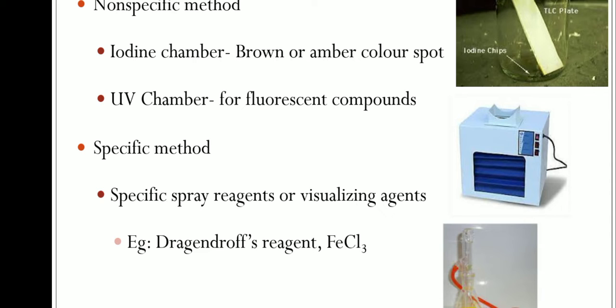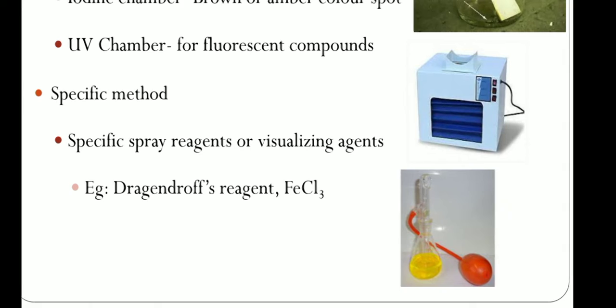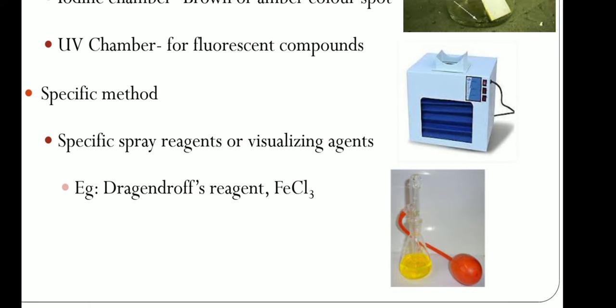Another non-specific method is the iodine chamber. In it, brown or amber color spots develop. Then the specific method. In the specific method, specific spray reagents or visualizing agents are used. Example, Dragendorff's reagent. What is the purpose of using Dragendorff's reagent? That is used for the identification of alkaloids. Then ferric chloride, that is used for the identification of tannins and phenolic compounds.